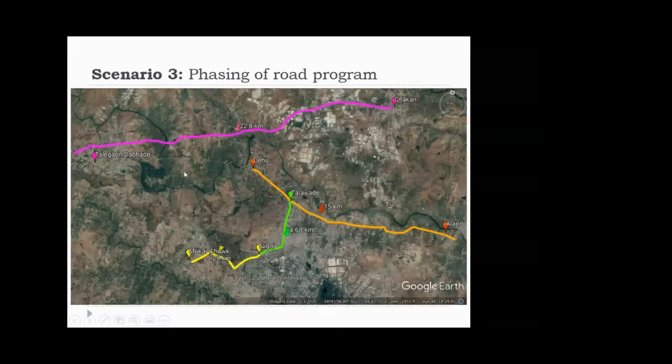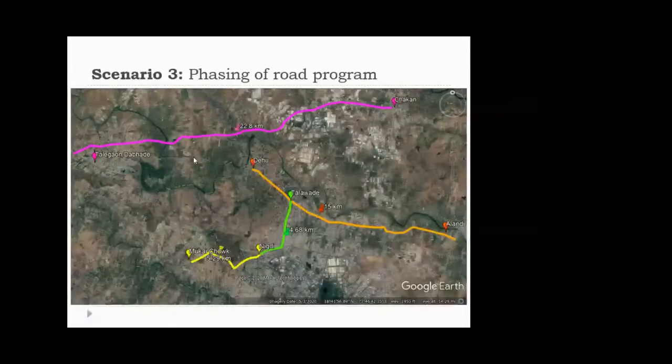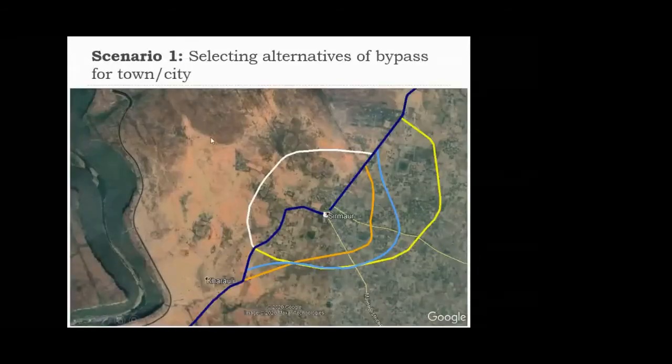Now, why I showed you these three scenarios: one of the methods that can be implemented answers all three questions in these three scenarios. The first question, in the first scenario, was which alternative to select.